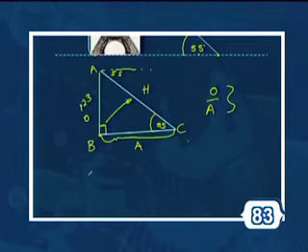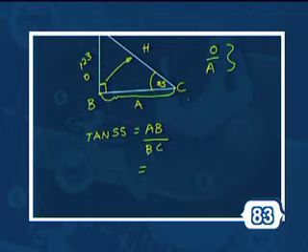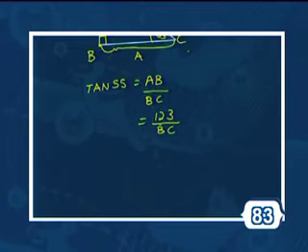So from 55 degrees, I can set up the ratio tan 55 is equal to the opposite side, which is AB, over the adjacent side, which is what we're looking for. AB has a value of 123, so we can put that in. And in order to find the value of BC, we multiply both sides by BC and divide both sides by tan 55. So we change the subject of the formula there.